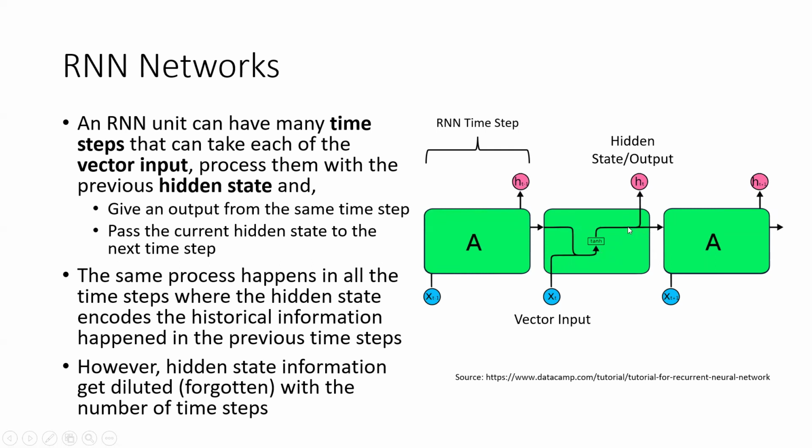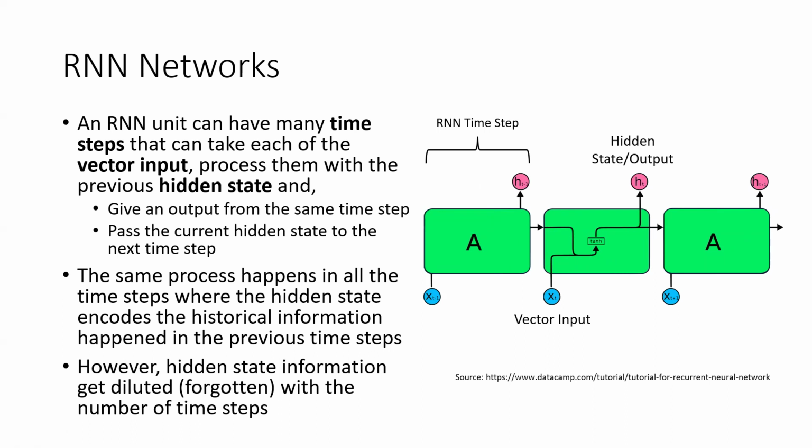Giving some output here, and some hidden state is passed to the next time step as well. Right? So if we are doing these calculations day by day, at the end of the day, the hidden state gets updated and it is passed to the next state. And then output is given if we want it, right? So day by day, these recurrent time step units are doing some calculations and the processing and moving to the next step. So this is what really happens in a recurrent neural network.